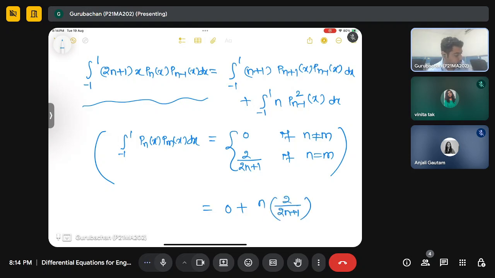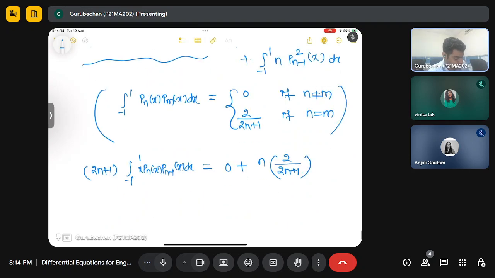And from here you have 2n plus 1 already, times the integral from minus 1 to 1 of x Pn(x) Pn minus 1(x) dx. So you need to just solve it.